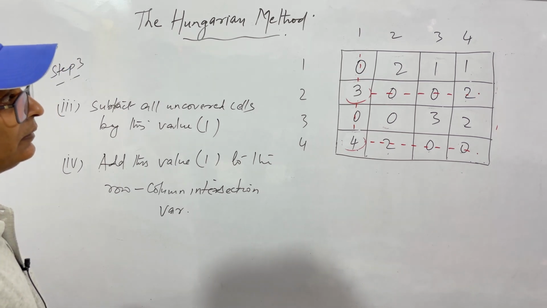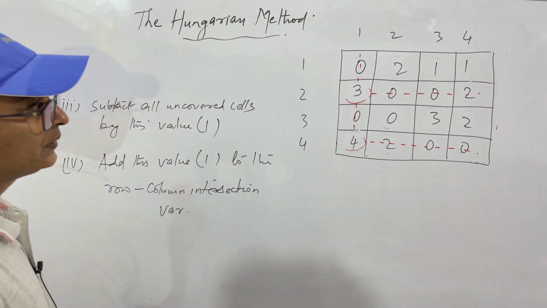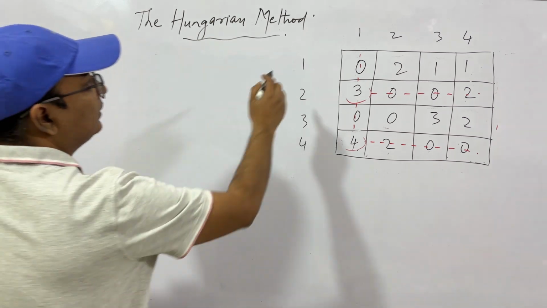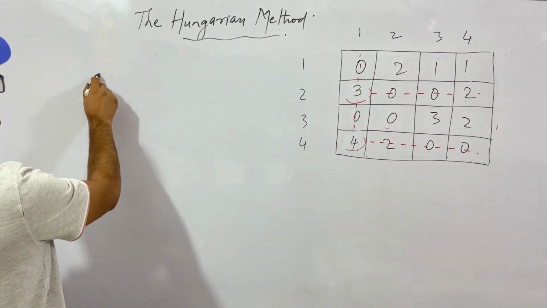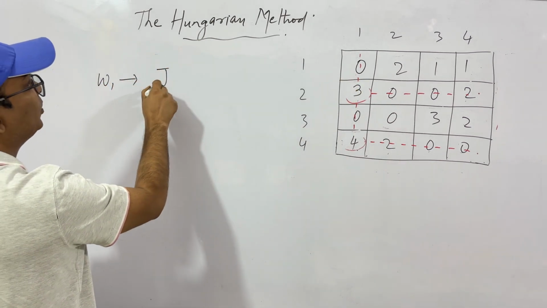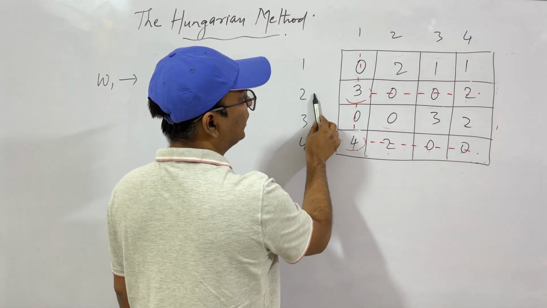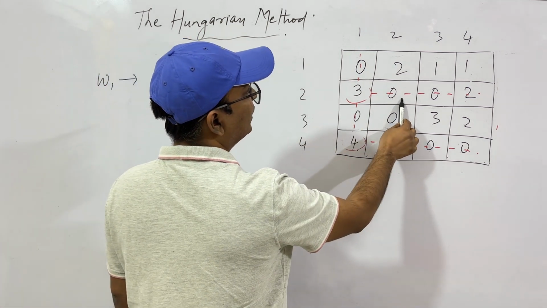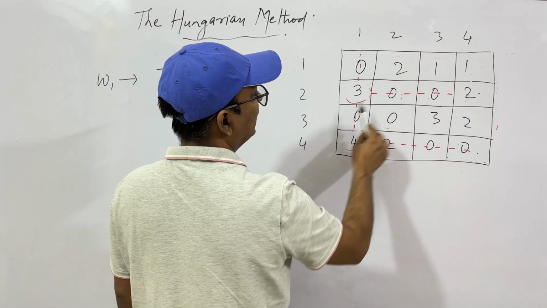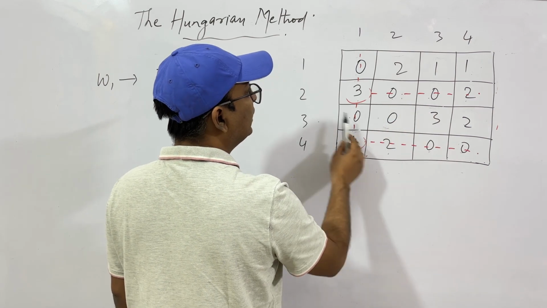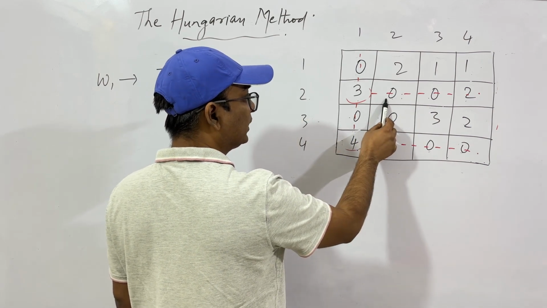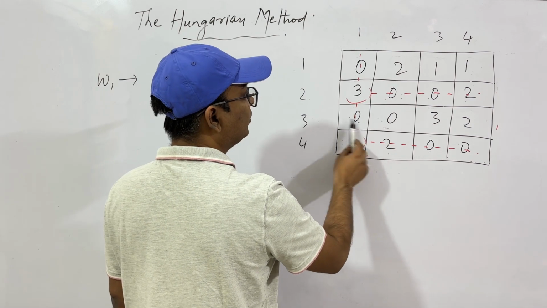Now let's see, is the solution feasible? This is 0, so worker 1 is assigned job 1. We have two possibilities here, worker 2 and worker 3. Worker 2 can be assigned this and this job, and worker 3 can be assigned this and this. If we assign this job to this worker, then we'll be left with this only for this, and it will conflict.